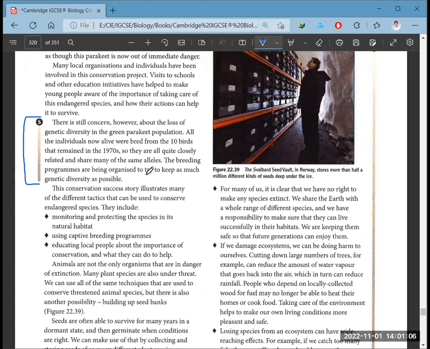All the individuals now alive were bred from the 10 birds that remained in the 1970s. So they are all quite closely related and share many of the same alleles. The breeding programs are being organized to try to keep as much genetic diversity as possible. Right. So the question here is, how can a small population make a problem for us?